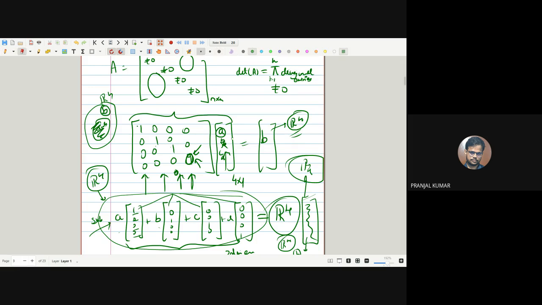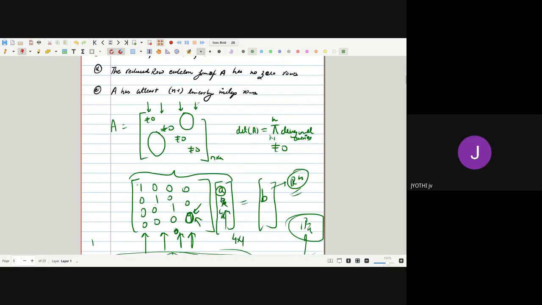But since this subspace is itself R4, B will always lie inside it. That's why it will always have a solution. Is this part clear?